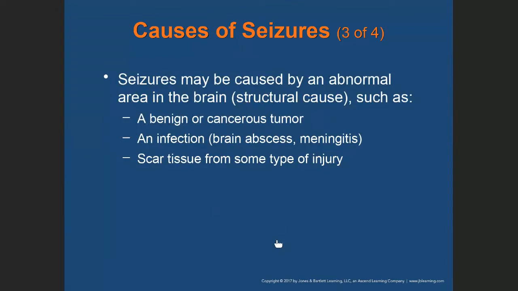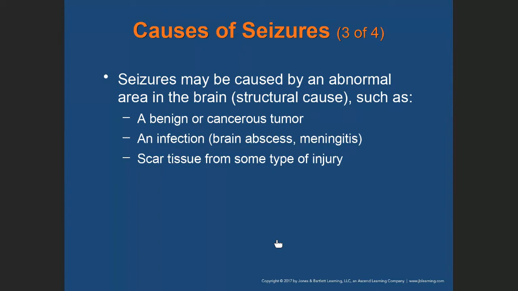All right, now causes of seizures. Seizures may be caused by an abnormal area in the brain, structural cause, such as a benign or cancerous tumor. Benign means it doesn't spread, cancerous means it can spread. And these patients can have unusual generalized seizures, right?